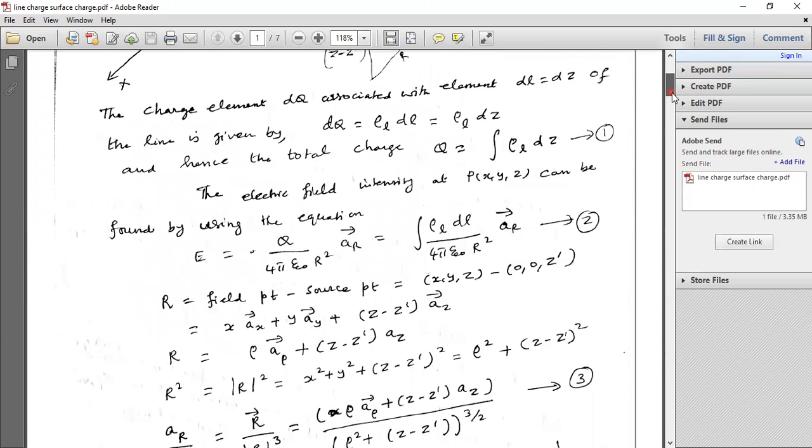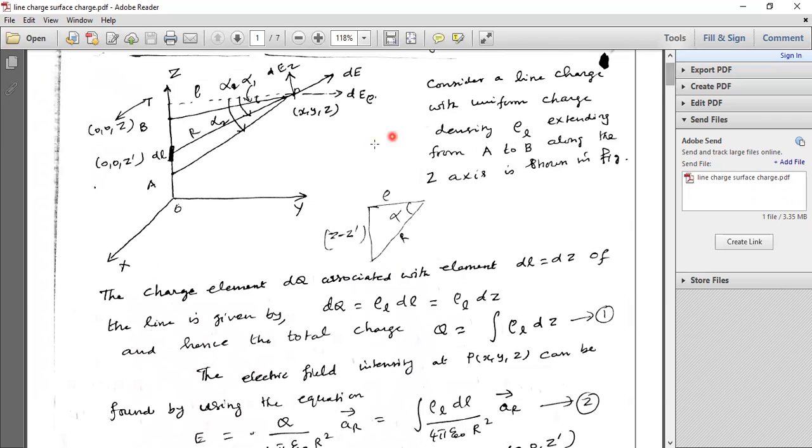Here I am taking the length of the conductor from point A to point B. Point A makes the angle alpha 2 and point B makes the angle alpha 1. This is for a finite length of conductor.